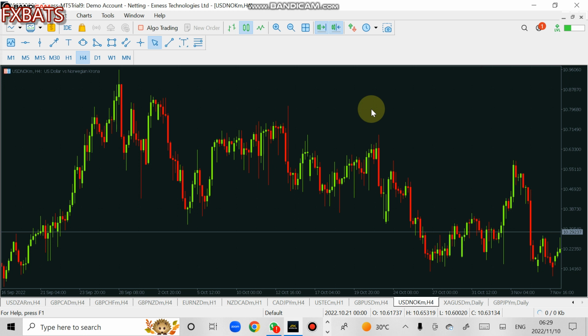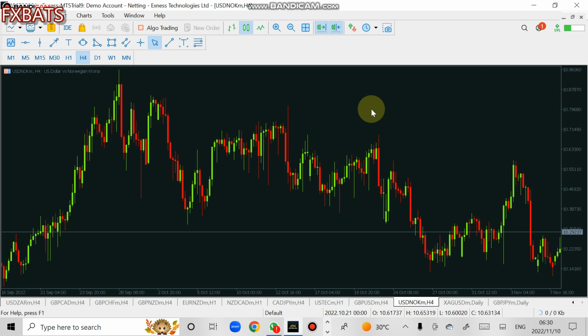I just want us to look at the valid break of market structure. We can basically tell there is a lot of confusion when people come to mark their break of market structure.